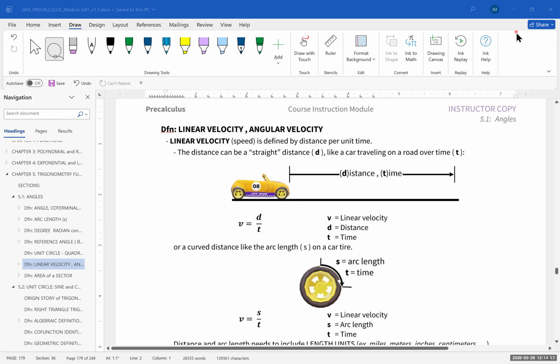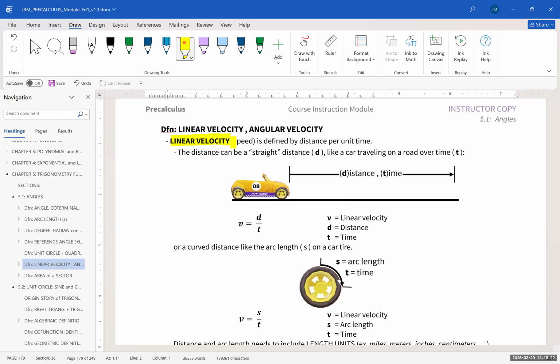Okay, now let's take these ideas of angular measure and apply those to velocity, which is more of an application. So we're going to talk about linear velocity and angular velocity and how those two are related to each other. Linear velocity is something that you're probably already familiar with.